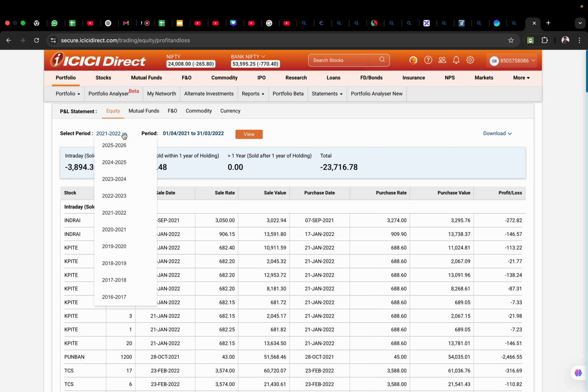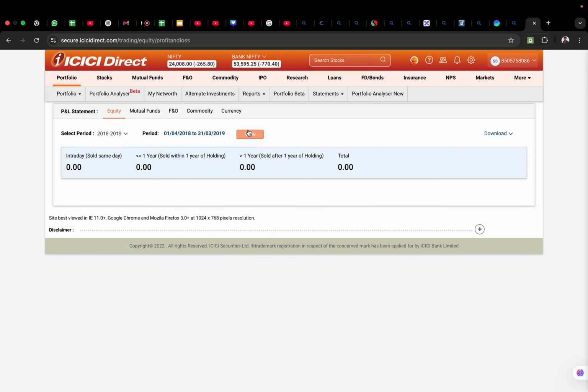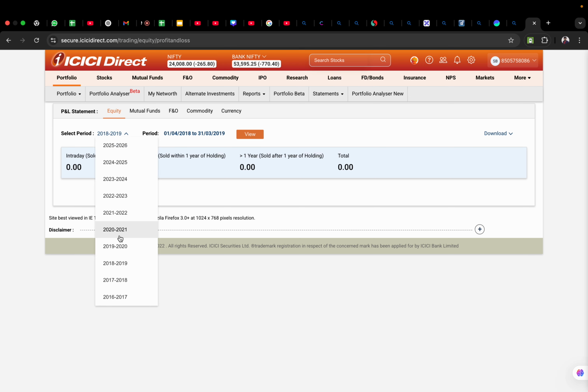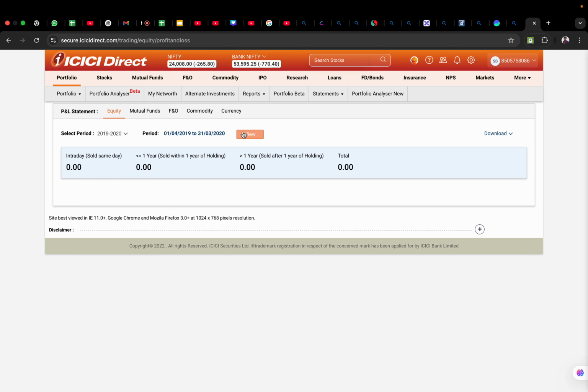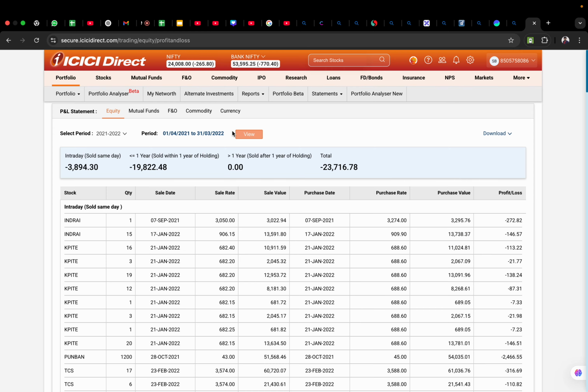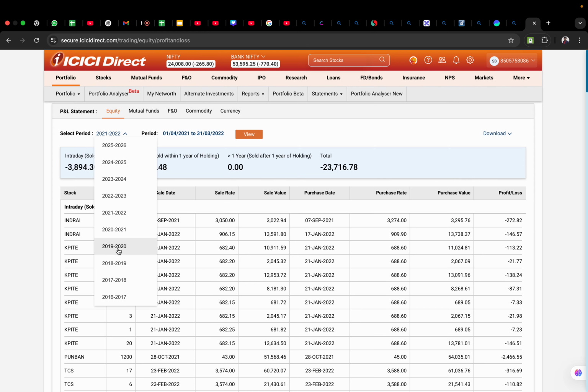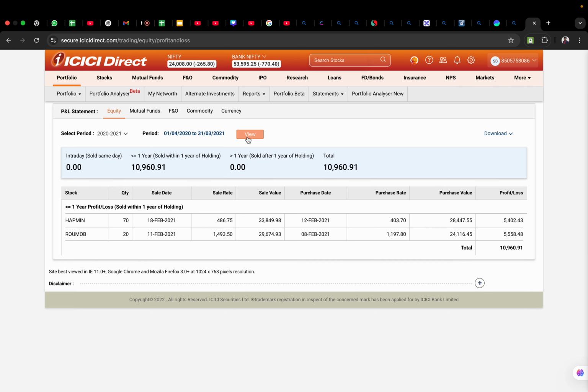In 2021 there was a loss of only 1920, there were no trades. So now if I talk about the average profit I have made, it's around 4 to 5 lakhs in the last couple of years.